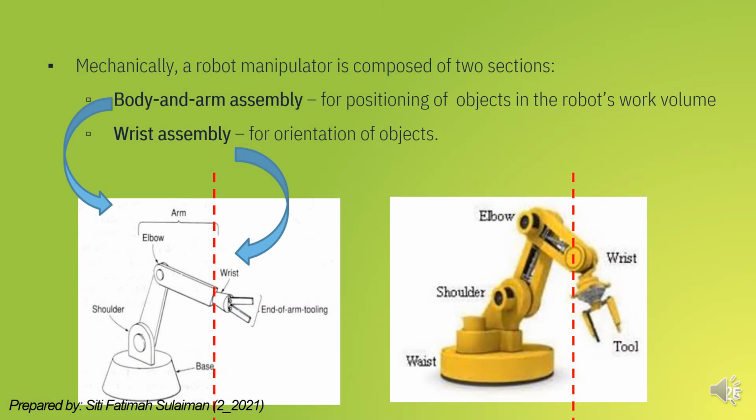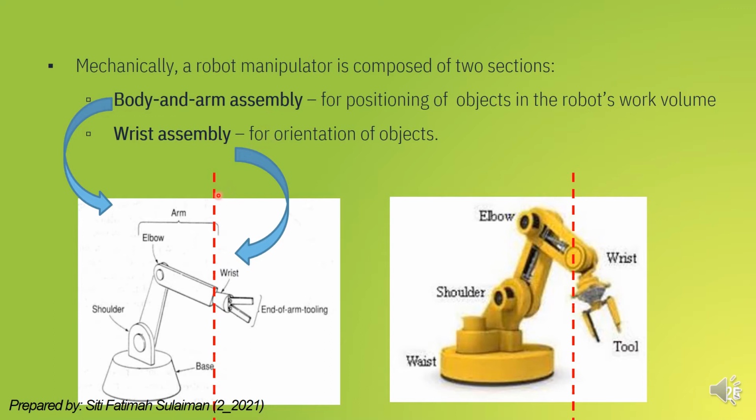Okay, so mechanically, a robot manipulator is composed of two sections. As you can see, the left side is the first section of a robot manipulator called the body and arm assembly. Why is this part called the body and arm assembly?